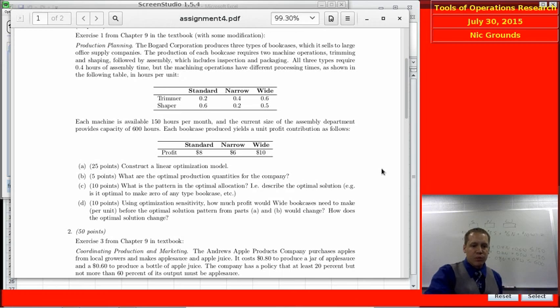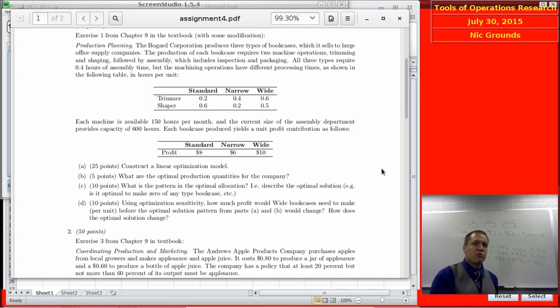Part C, what is the pattern in the optimal allocation? So as we did last week, when I say the pattern of the optimal solution, I just mean in words, describe to me what happened, what trade-offs were chosen. Did we choose to make more standard bookcases, or did we choose to make more wide bookcases as they're more profitable?